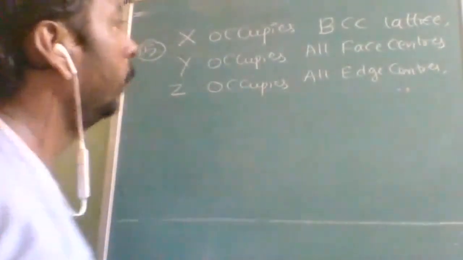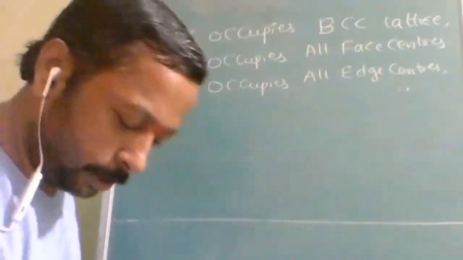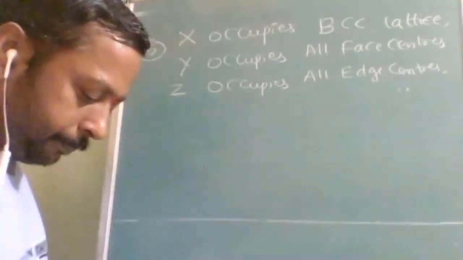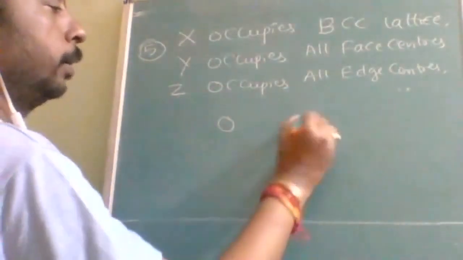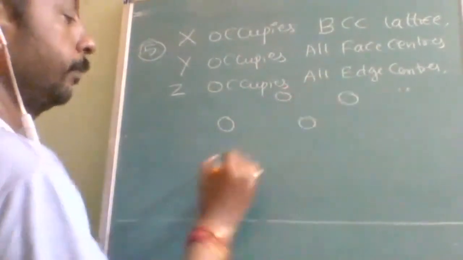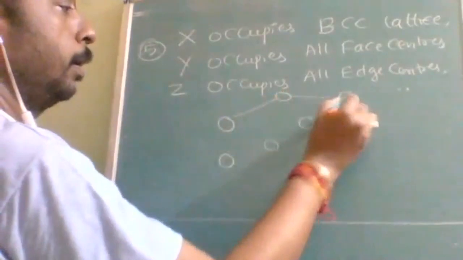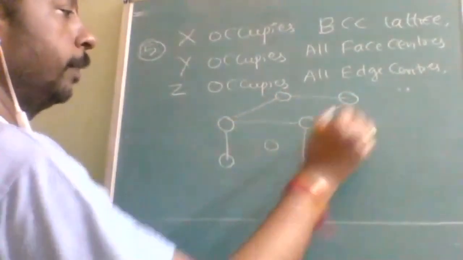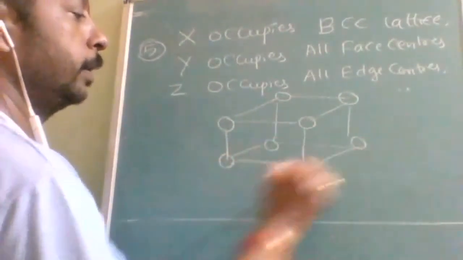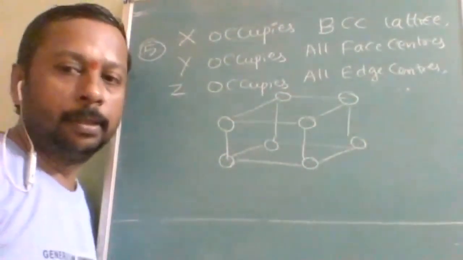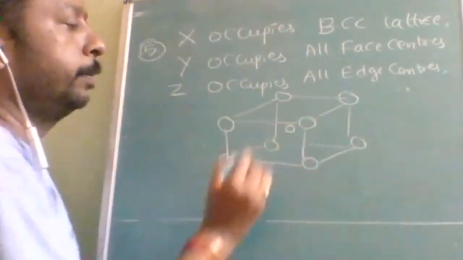See here, I will draw the diagram so that you can understand it nicely. So here, these are the corners. Now this is very essential for a unit cell to construct. Now X occupies BCC, so this is BCC.